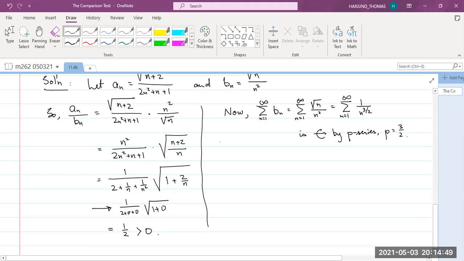Then, by limit comparison test, the series for a sub n, which is the series square root of n plus 2 over 2n squared plus n plus 1, is also convergent.